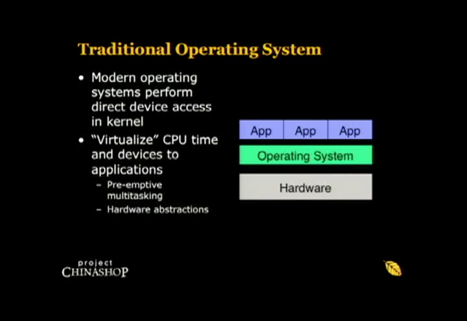With multiprocessing and time slicing between processes, every process was under the assumption that it had its own dedicated processor, and device access was abstracted through system calls. And this was a radical innovation back when mainframes had to swap the operating system out to run an application and then swap it back in. Big pain in the butt.